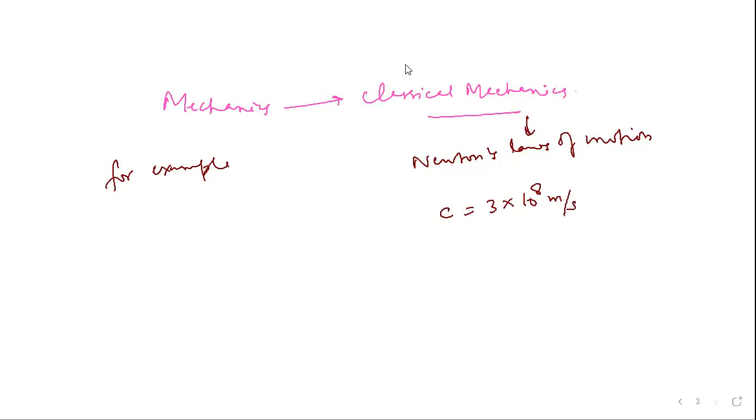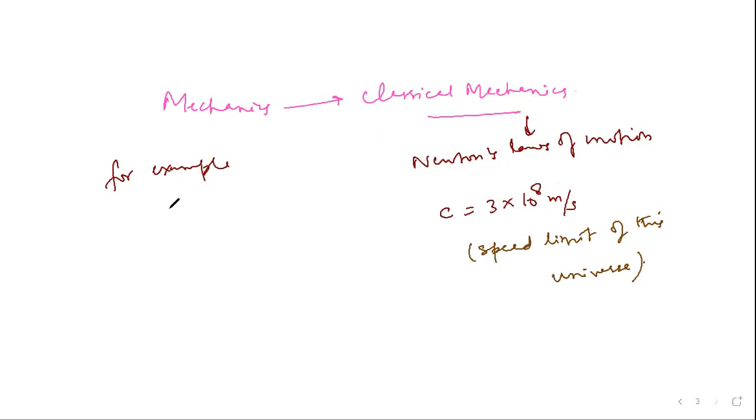You also know that this speed is the speed limit of this universe. No particle can exceed this speed, or no signal can exceed this speed. So this is the speed limit, right?